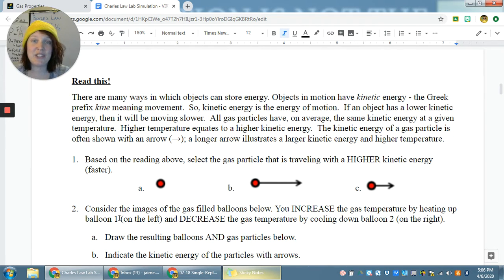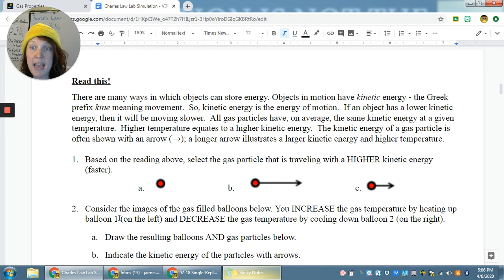Okay, so read this section. There are many ways in which objects can store energy. Objects in motion have kinetic energy. The Greek prefix kine means movement. So kinetic energy is the energy of motion. If an object has a lower kinetic energy, then it will be moving slower.